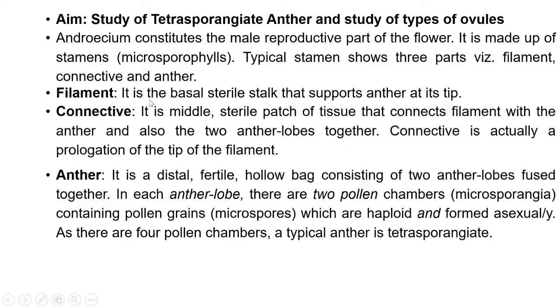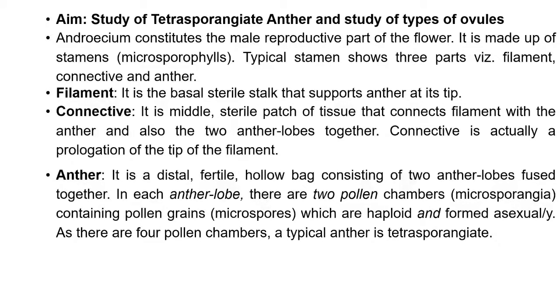Filament is the basal sterile stalk that supports the anther at its tip. Second part, connective. It is a middle sterile patch of tissue that connects the filament with the anther and also the two anther lobes together. Connective is actually a prolongation of the tip of the filament.